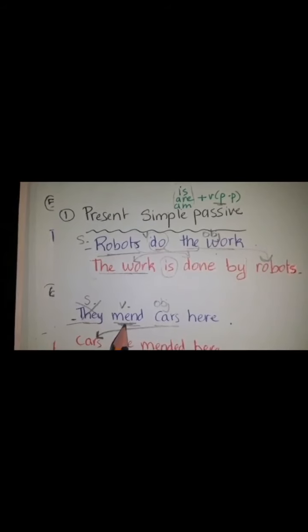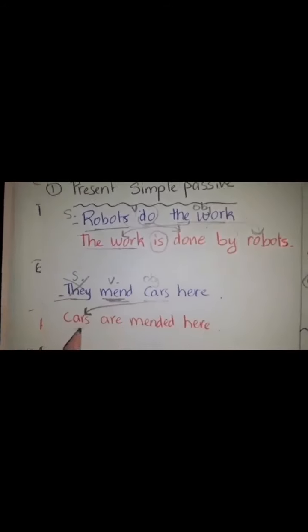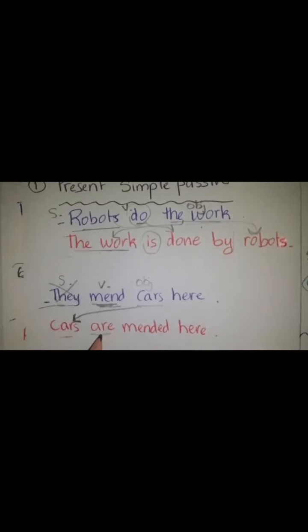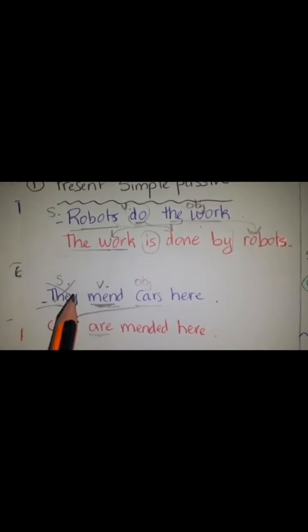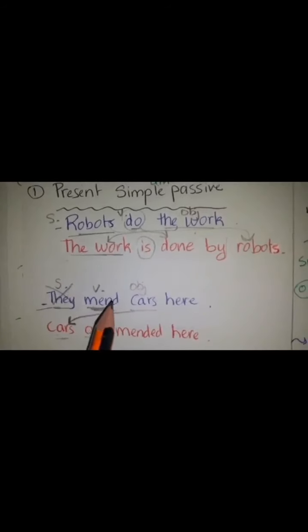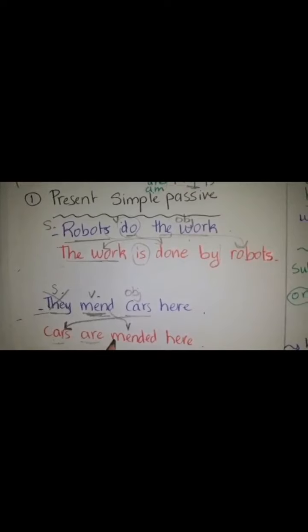Mend is in the present simple tense, okay, and cars is plural. So, cars are, as I told you before, because mend is in the present simple tense. Then take the past participle form of this verb: cars are mended here.